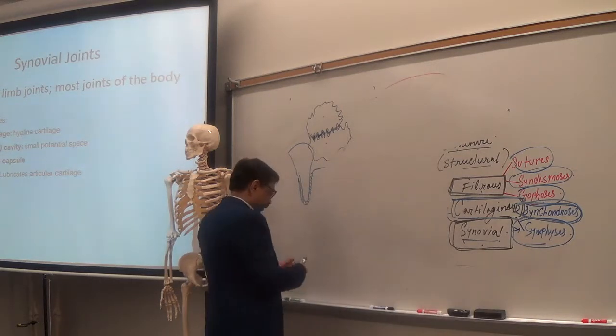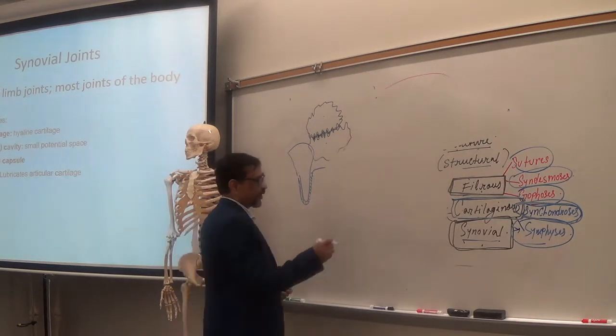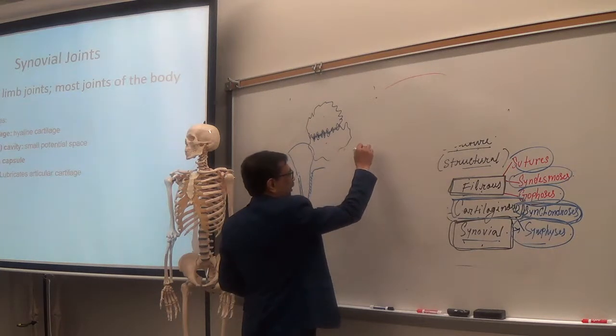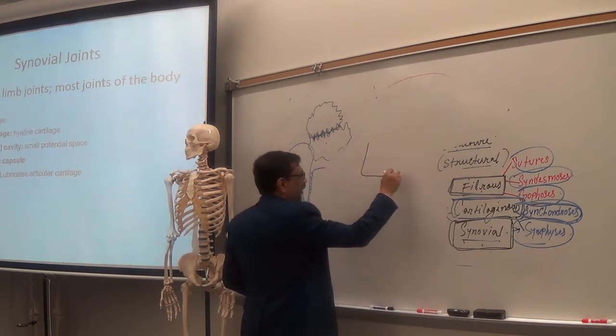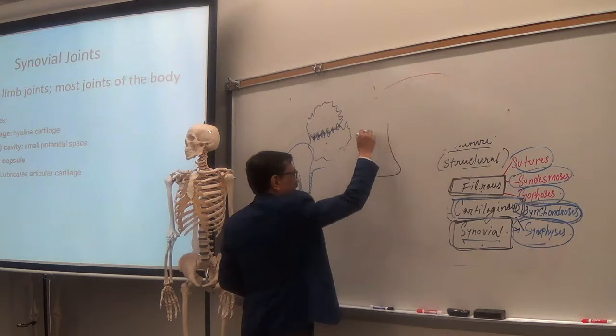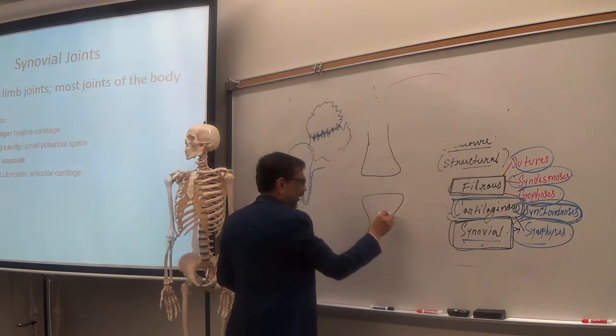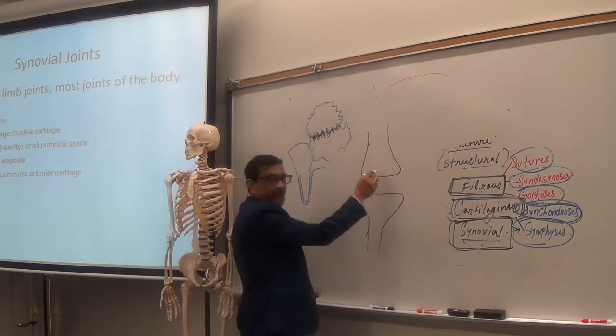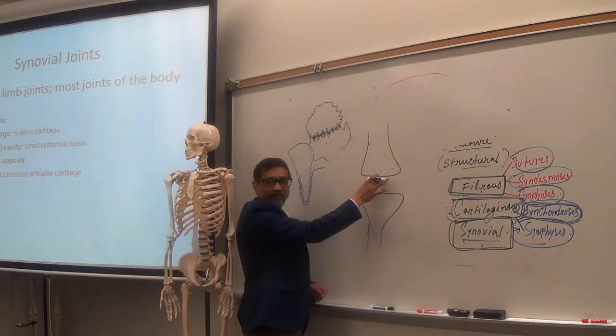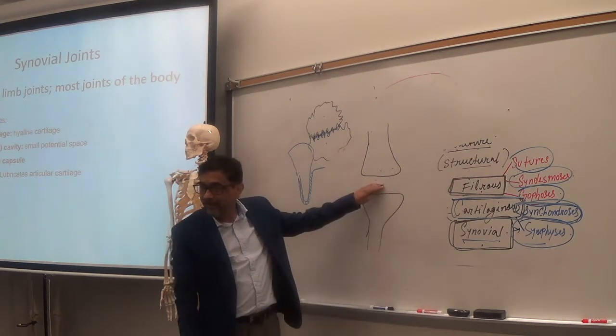One I mentioned in last lecture, neuromuscular junction, important picture. This is another one. If you see a synovial joint, as I have mentioned, this is one bone, this is another bone, and I told you that in between the bones you have what? In synovial you have what?